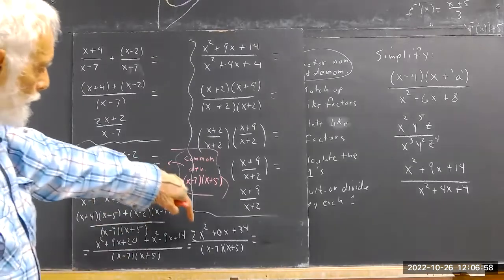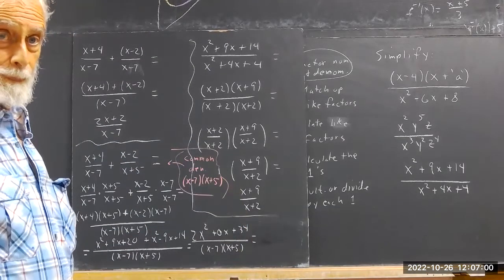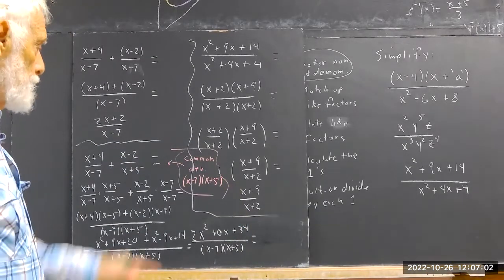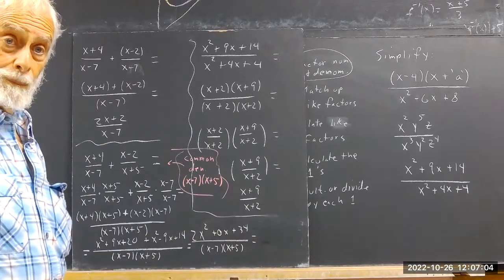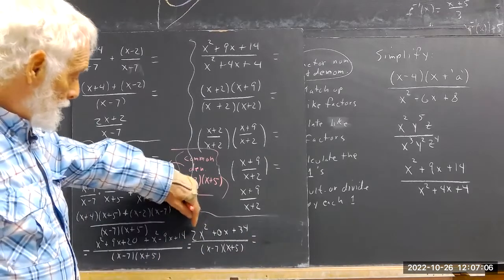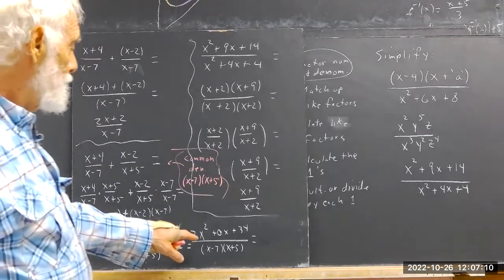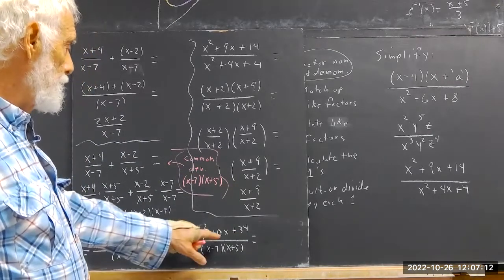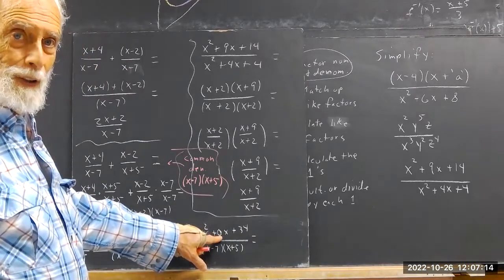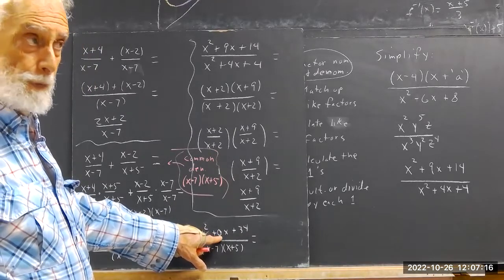Then, if possible, you factor the numerator. But the numerator isn't going to factor because this numerator is never 0. This is positive, this is always positive, and you don't have anything here to match up, so you're not going to be able to factor.